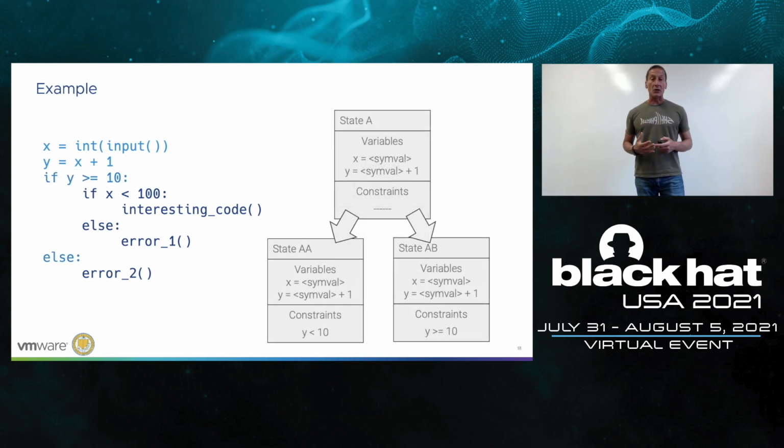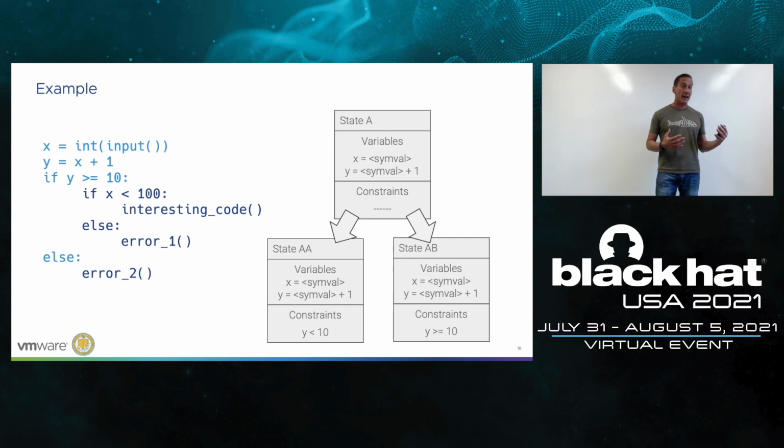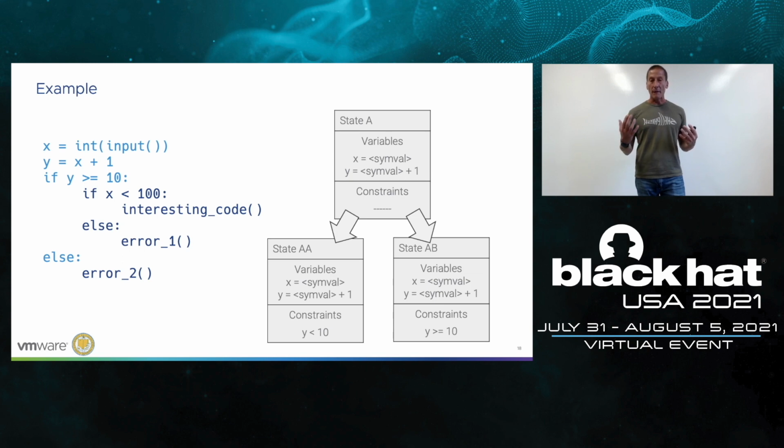And then we encounter our first constraint. We have a conditional y greater or equal to 10, and so we have to split our execution in two possible states. One that will be followed if the constraint y less than 10 is true, and one if the constraint y greater or equal to 10 is true.